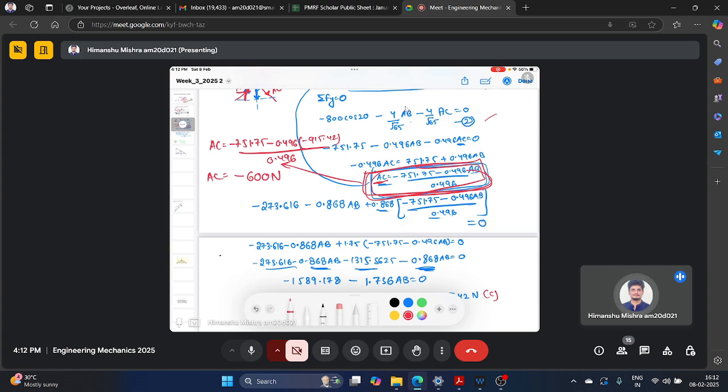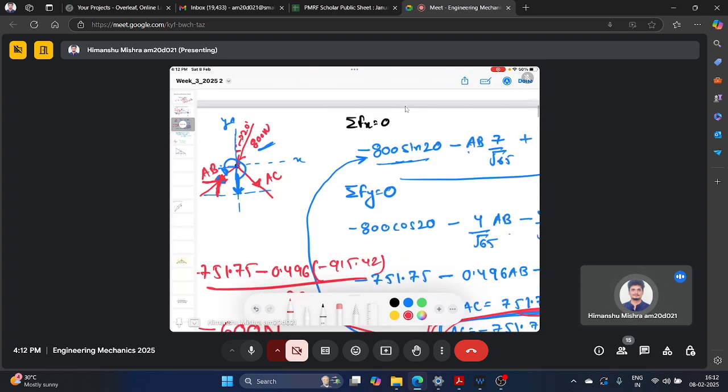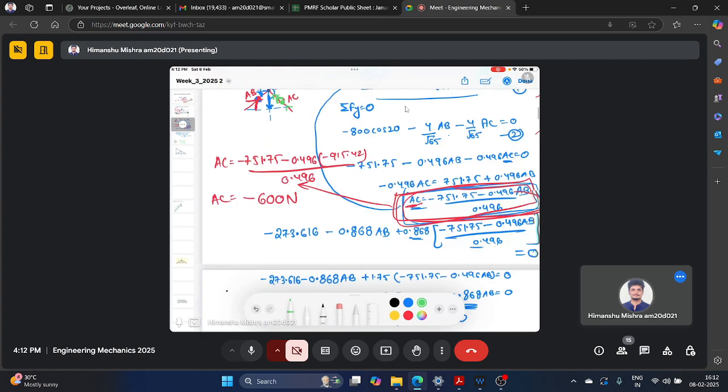So again this comes as a negative 600. Negative means my direction of AC is also incorrect. It should be towards the joint, not this. So this is also compressive force.